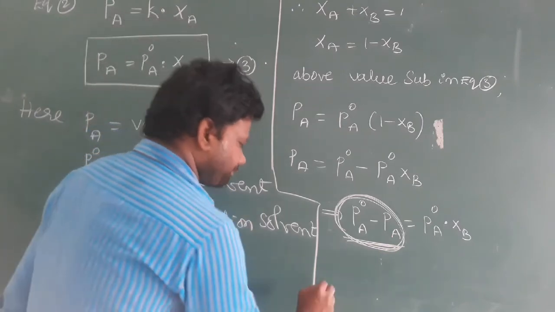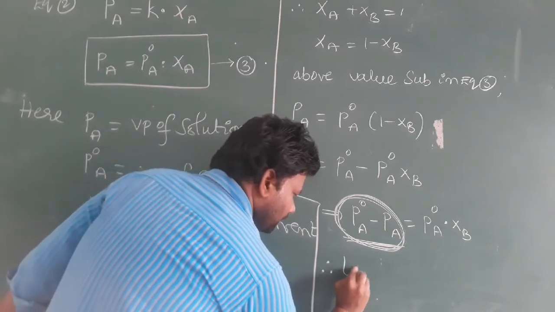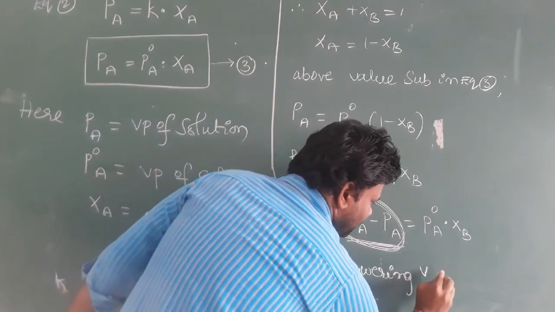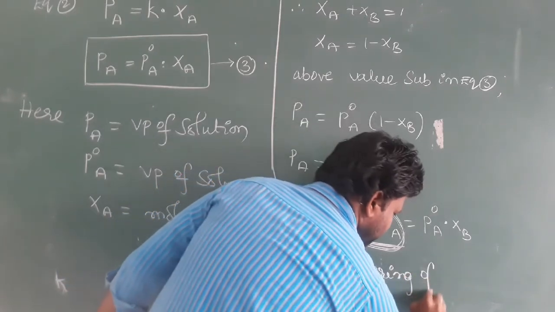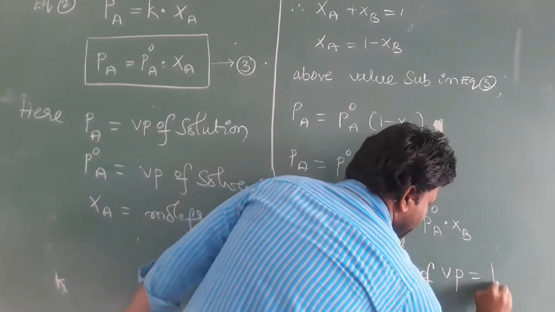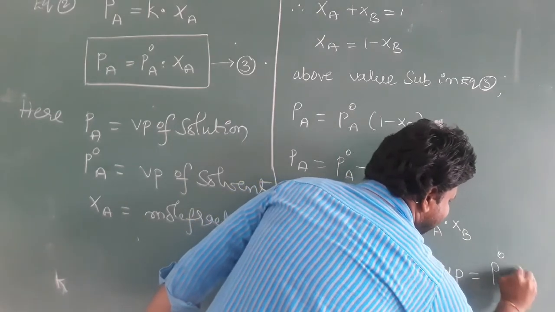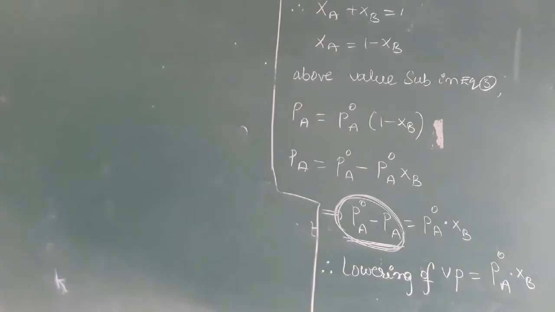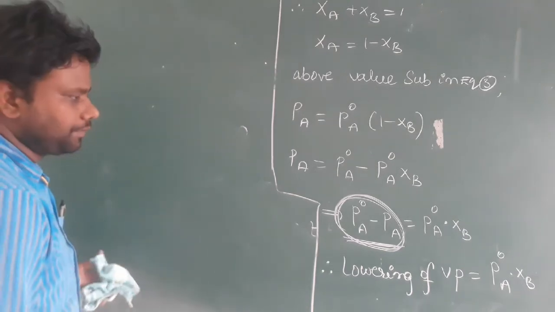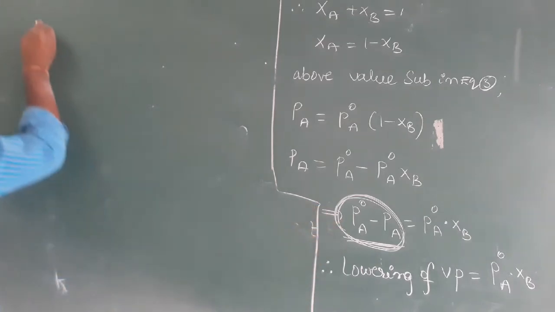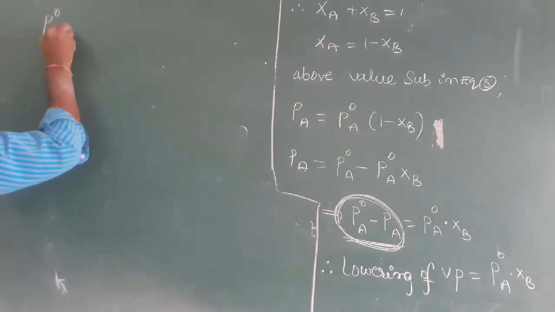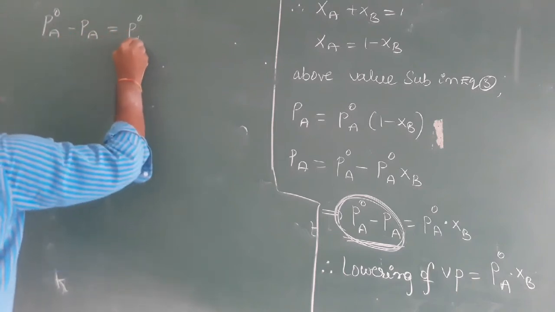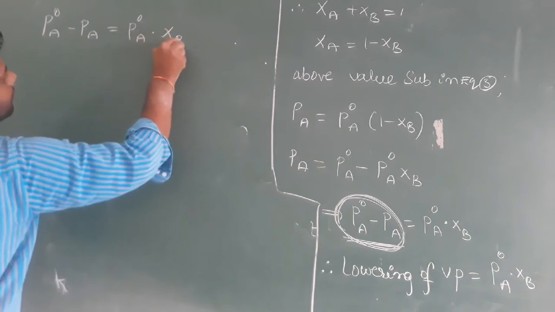So therefore, lowering of vapor pressure is equal to P naught A into XB. Look here. Now we'll take this equation: P naught A minus PA is equal to P naught A into XB.